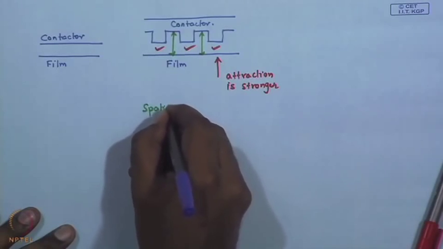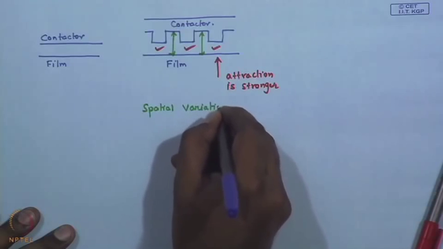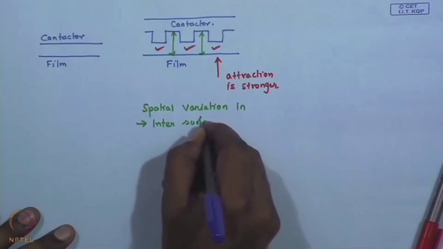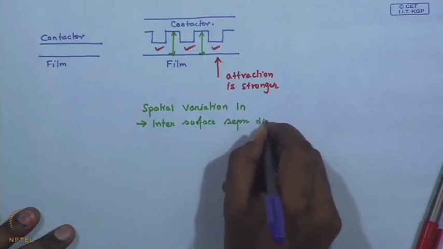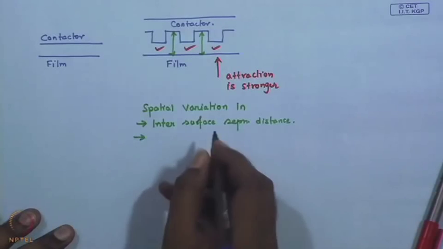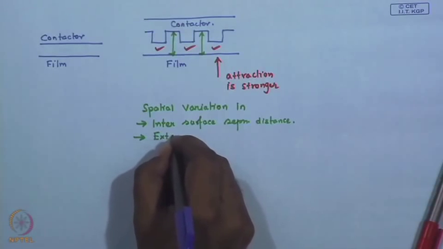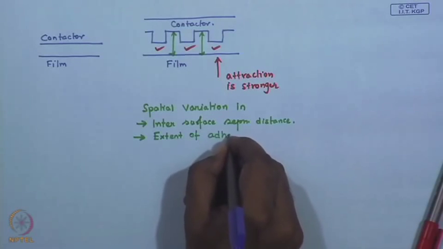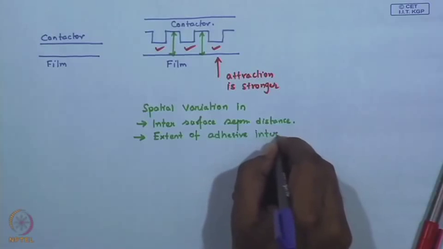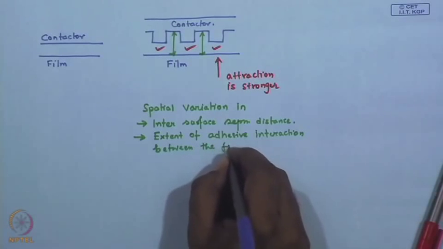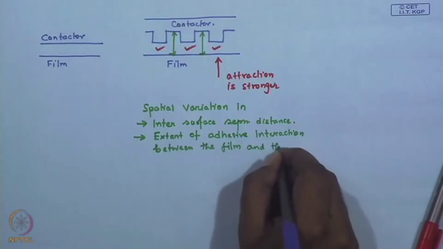And because of the feature height or the topographic contrast on the surface of the contactor, now you have a spatial variation in intersurface separation distance, which results in a spatial variation in the extent of adhesive interaction between the film and the surface.